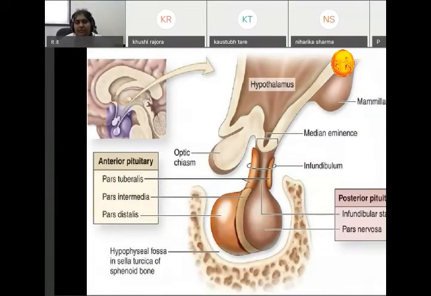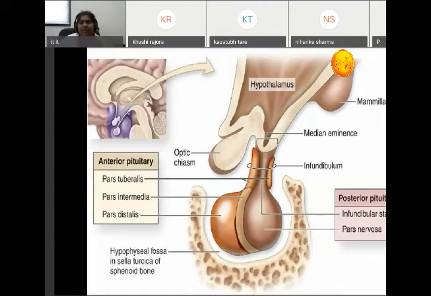See this figure? Clearly seen is the posterior pituitary, clearly seen is the anterior pituitary, and between these there is one median structure, the hypophyseal fossa, sella turcica of the sphenoid bone.